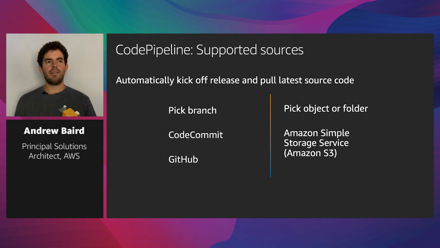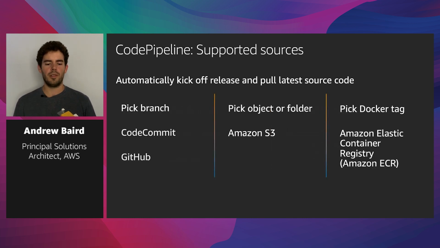Or if you have your code stored in a different type of repository that's not Git-centric, or you're working with a type of application artifact or existing build processes or code processes that don't hook in neatly with those two, you can use an S3 model of integrating with CodeCommit, where every time you've packaged up some code artifacts or a deployable unit and you want to upload it to S3, that can be treated as the initial trigger for CodePipeline to kick off a pipeline execution as well. You've got both of those choices.